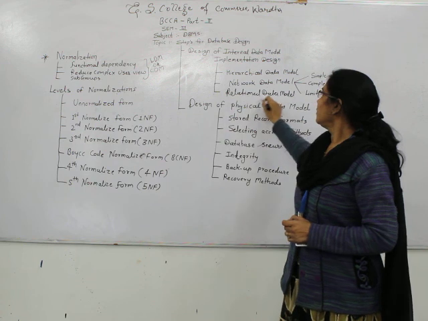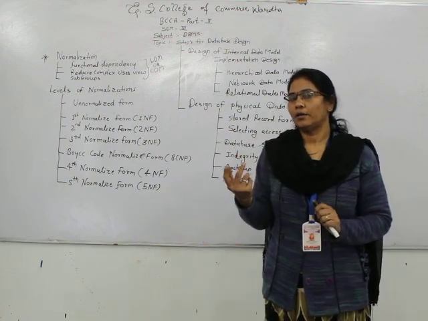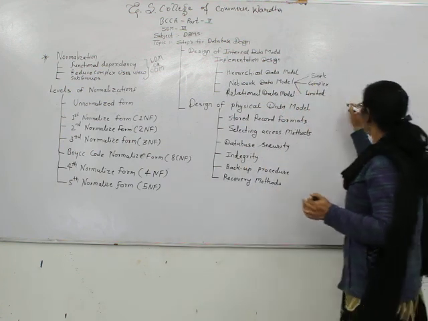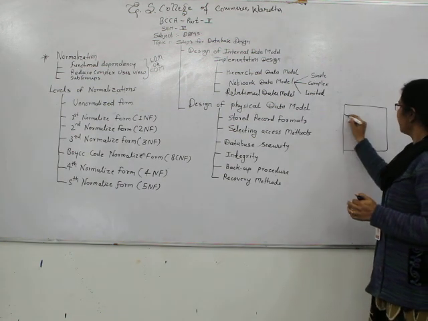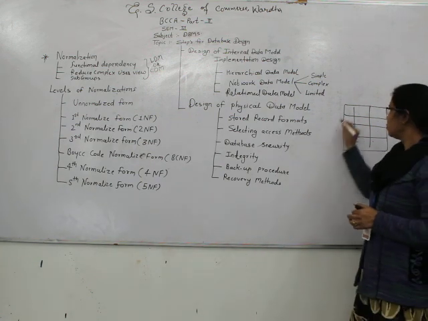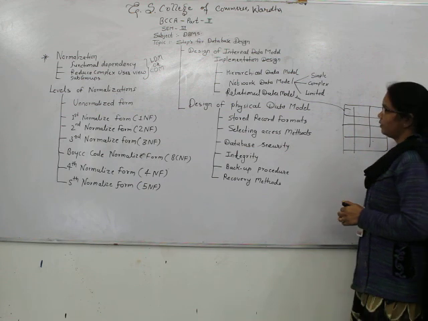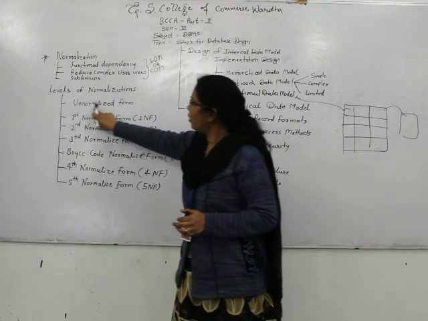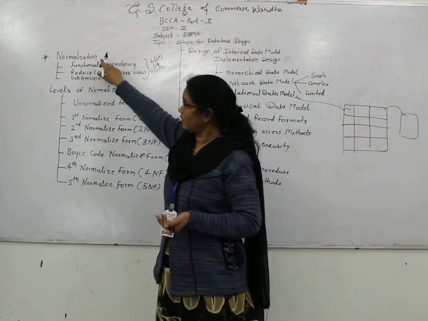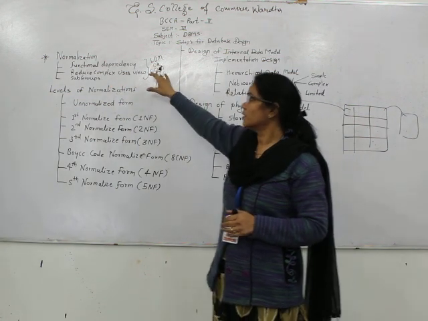The relational data model means the entity is designed in the form of rows and columns. We design our database like rows and columns in the form of tables with associations. When we design such a data model, we provide normalization to remove or reduce the functional dependency.